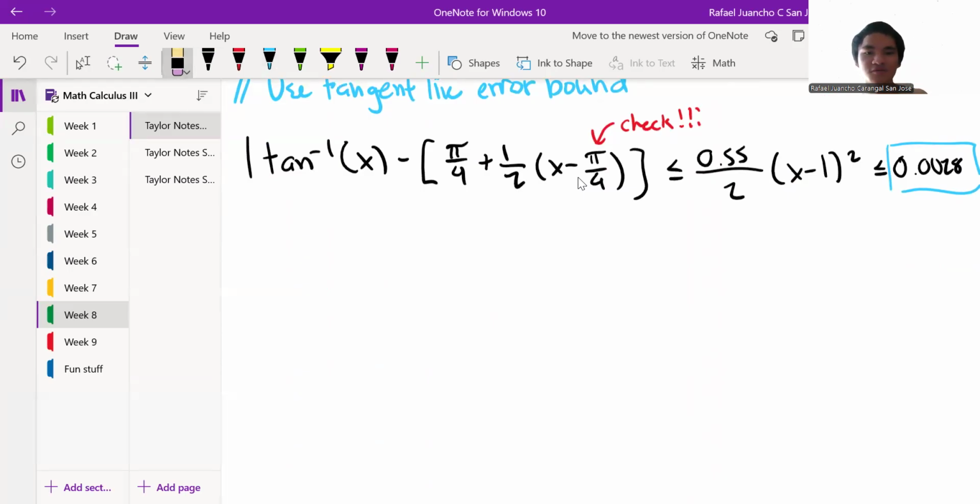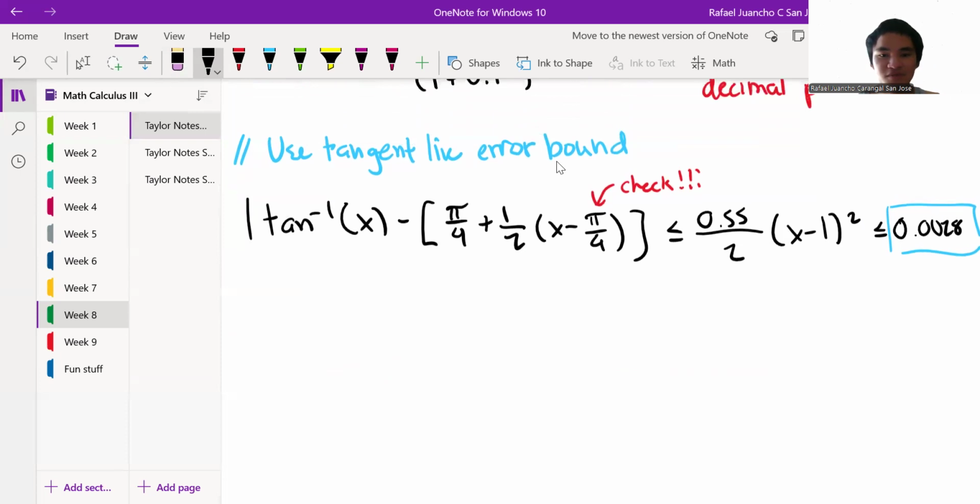Or I don't know, this could just be like 1 or something. How close is pi fourths to 1? It's really close to 0.785. To be honest, I don't know what this is. It just popped out of nowhere.